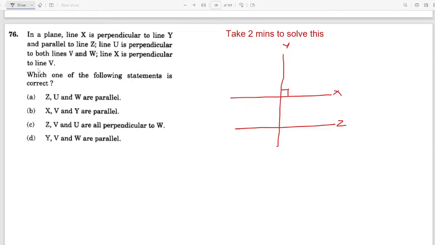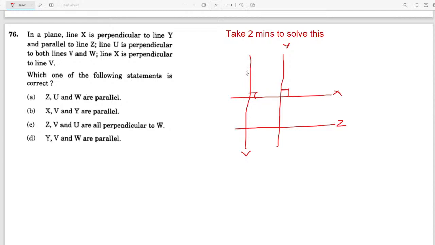Line X is perpendicular to line V. So there is one line V here. Again, this is 90 degrees. Now I have V here, so I can write these lines. Line U is perpendicular to both line V and W. So I have to take U here.